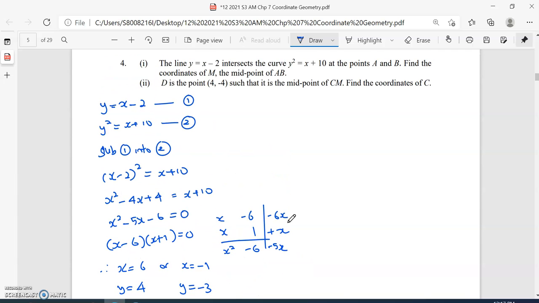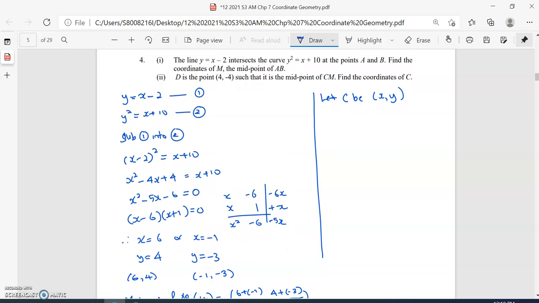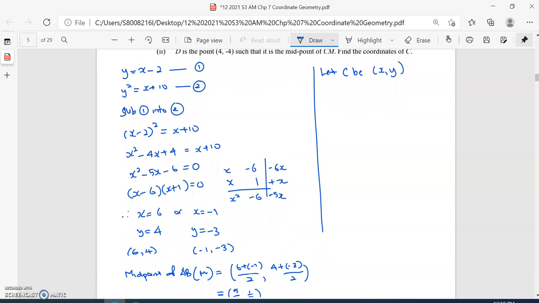Let's go to part 2. Let me go back to the question. The question reads, D is the point (4, negative 4) such that it is the midpoint of CM. Find the coordinates of C. D is the midpoint, CM is the line segment. Since I do not know what C is, let C be (x, y).